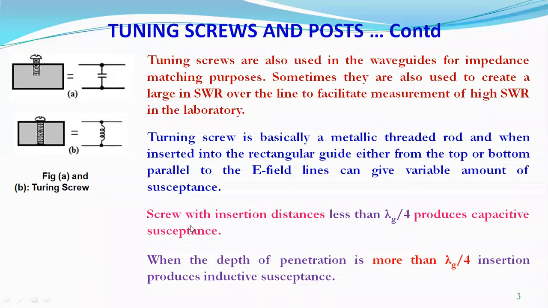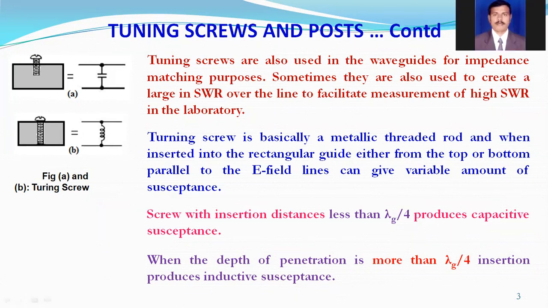If the penetration length is more than lambda g by 4, it will produce inductive susceptance. Suppose you want both capacitance and inductance, we can insert two screws. One is less than lambda g by 4, another is greater than lambda g by 4. Then you can get the capacitive effect and inductive susceptance in the rectangular waveguide, right?